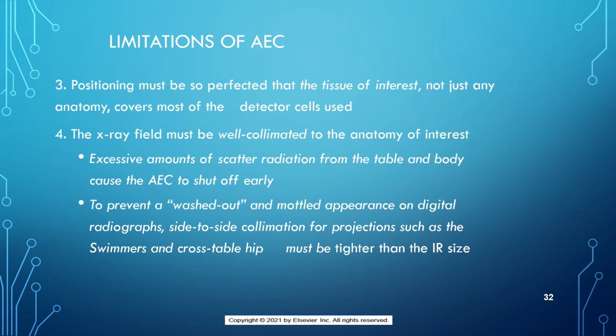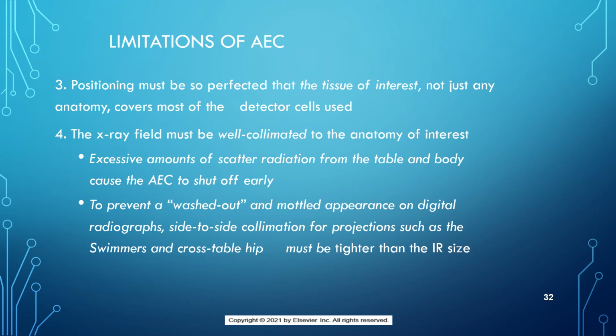Yeah, collimation matters, right? You're going to get mottled, washed out swimmer's projections because you're doing it with AEC and you're not collimating, and you're generating way too much scatter, and the scatter is contributing to threshold ionization, and it's prematurely terminating your exposure. And so you've got excess scatter plus noise added to your image. That's why your swimmers looks like garbage.